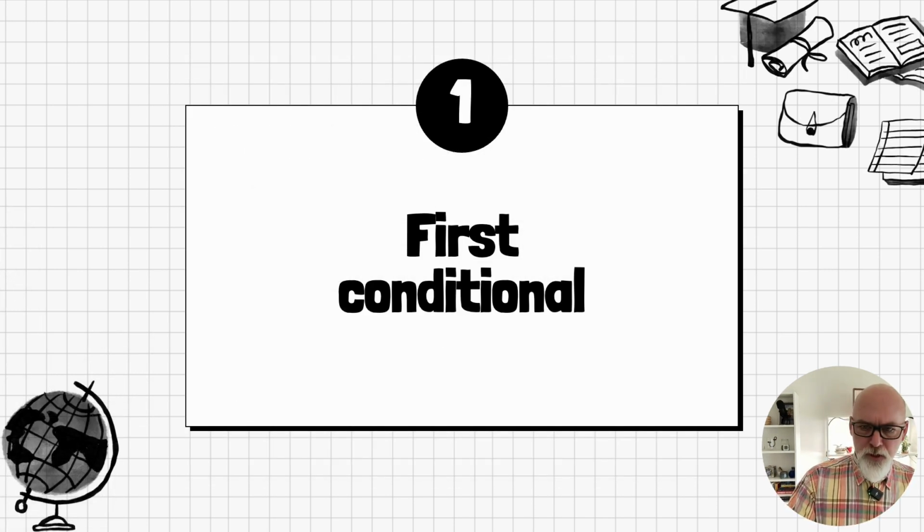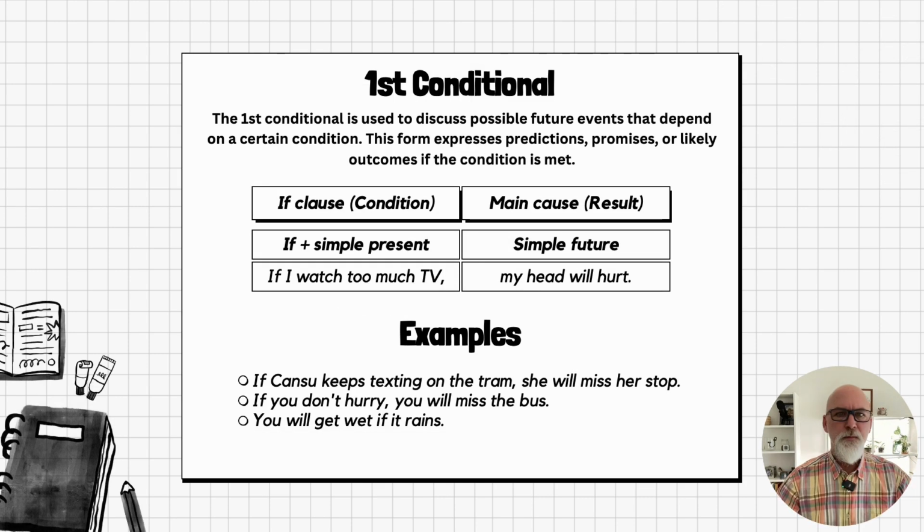What about the first conditional? This is more popular. The first conditional is used to discuss possible future events that depend on certain conditions. This form expresses predictions, promises, or likely outcomes if the condition is met.